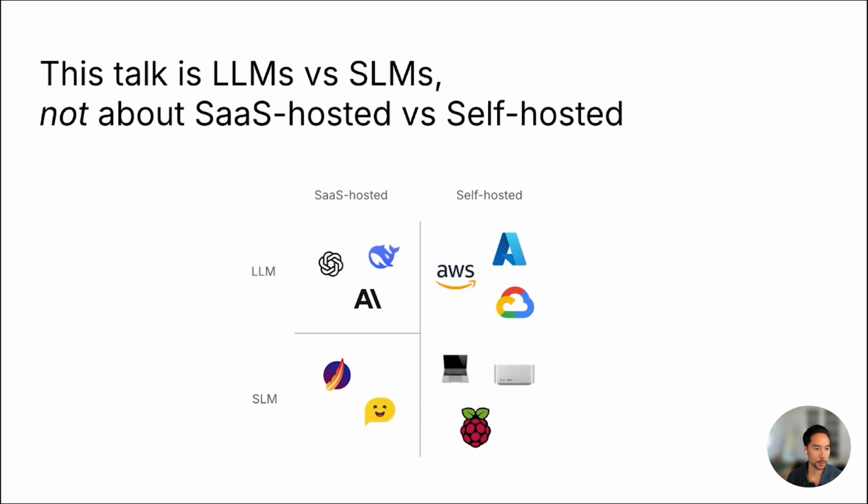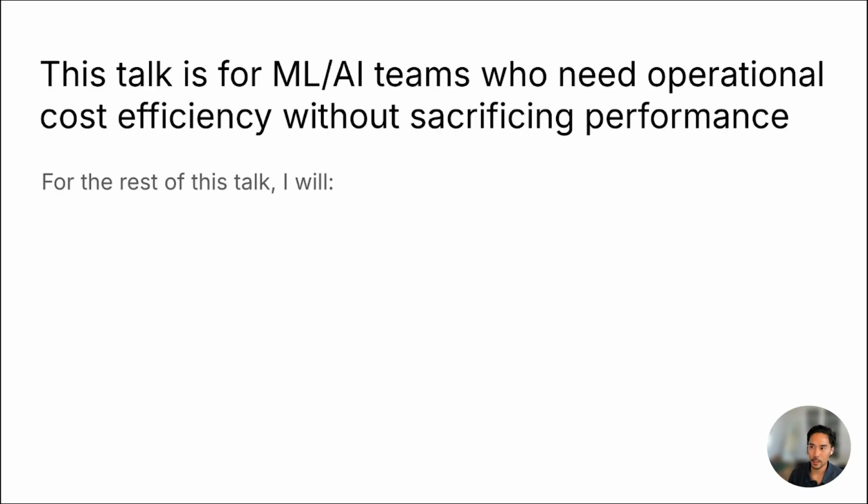I have personal experience through my work at Union and Flyte that these are very real concerns. Many of our customers don't use the hosted LLMs and choose to build and self-host on their own infrastructure. So this talk is also geared towards those kinds of teams who need operational and cost efficiency without sacrificing performance.